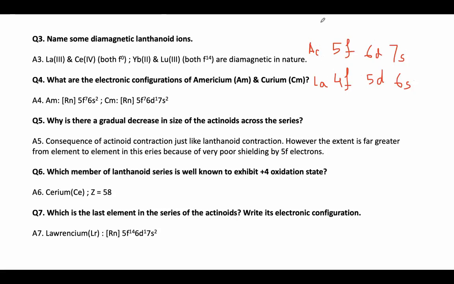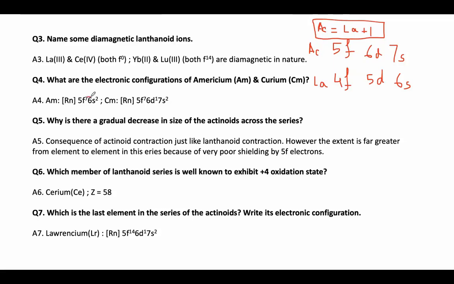So how will we remember? Actinide is one more than lanthanide. So basically, this is one of the tricks to remember the orbitals of the actinides and that of the lanthanides. Actinide goes as 5f 6d 7s, and we subtract 1 from all of this. Lanthanide goes as 4f 5d 6s. So these are the two electronic configurations.